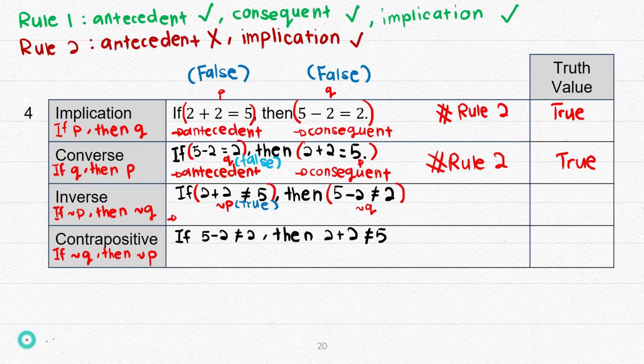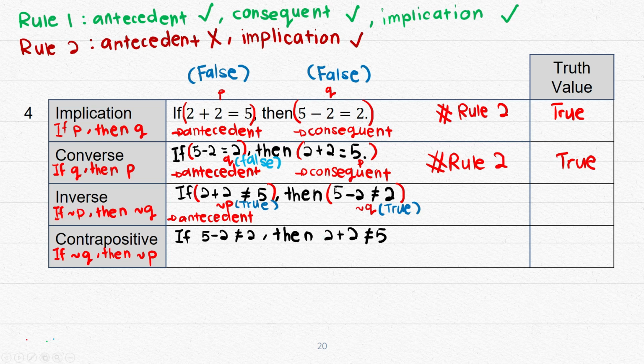For the inverse, tilde p will become the antecedent. Now you said that tilde p is true, so that means the antecedent is true. So which rule do we apply? Rule number 1 or rule number 2? Rule number 1. Rule number 1 says that if the antecedent is true, the consequent also needs to be true for the implication to be true.